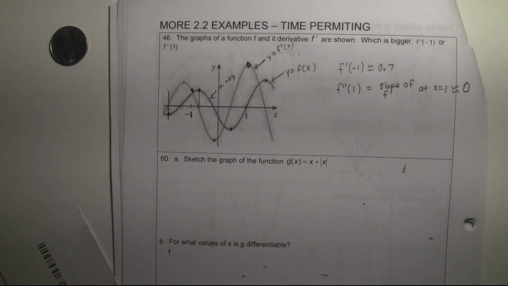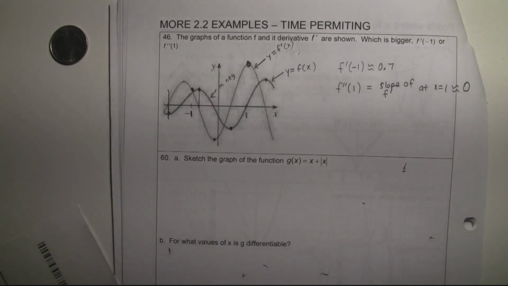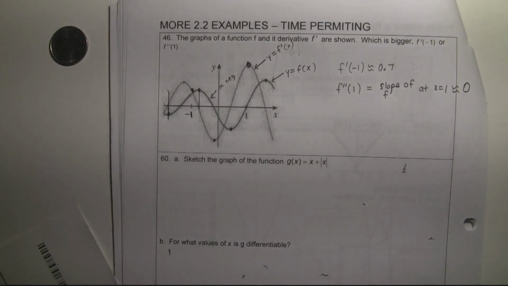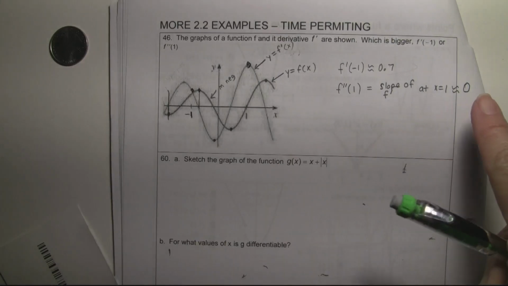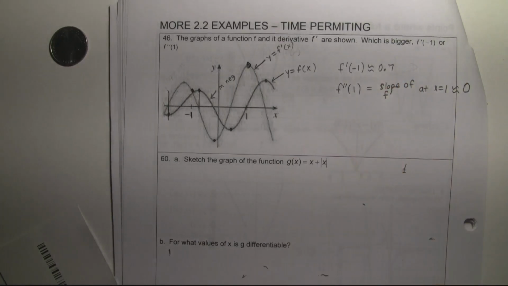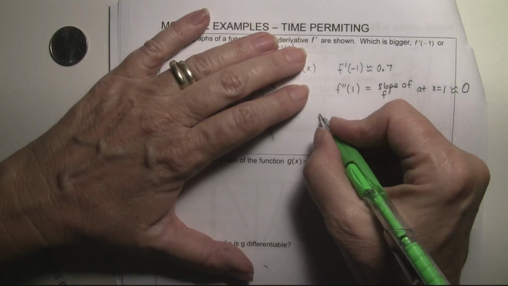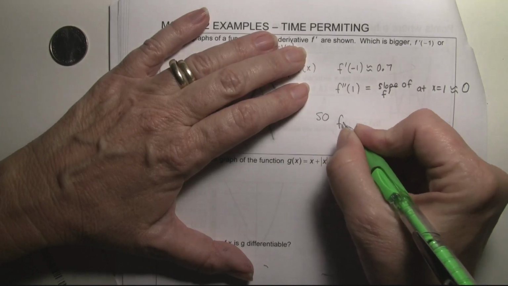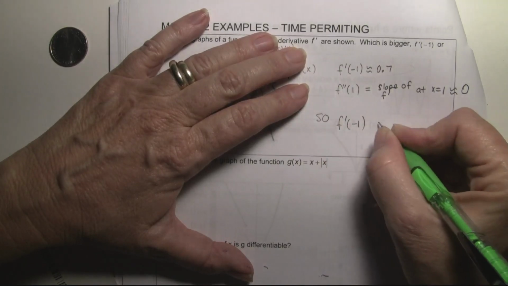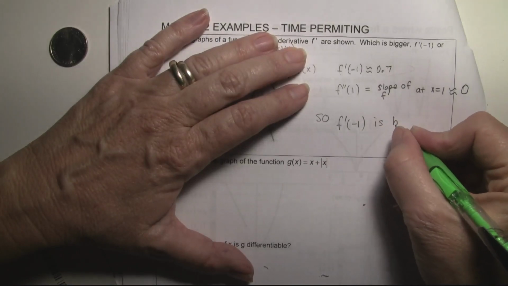So they wanted to know which one was bigger, f prime at -1 or f double prime at 1. One of them is equal to 0, and one of them is some positive value around 0.7. So that's the bigger one. So f prime at -1 is bigger.